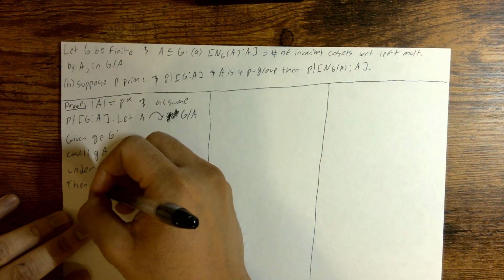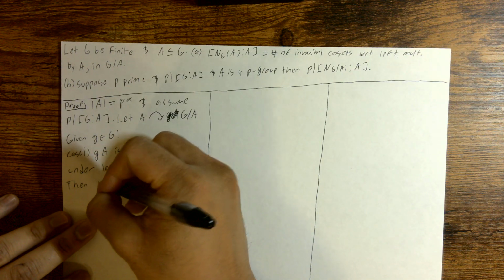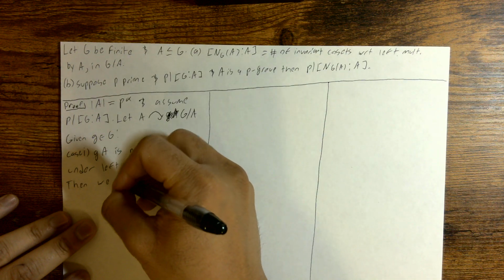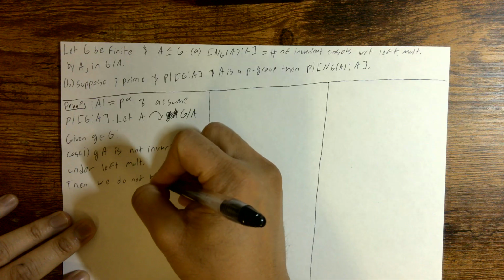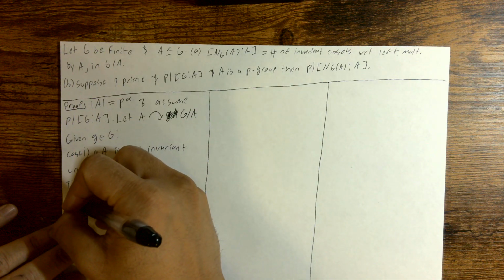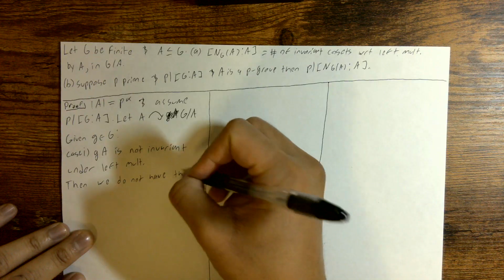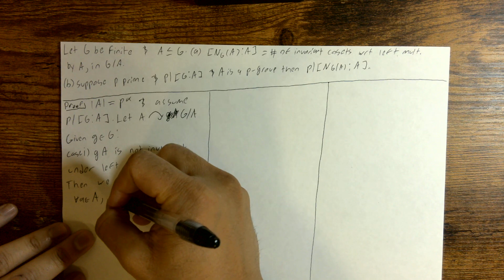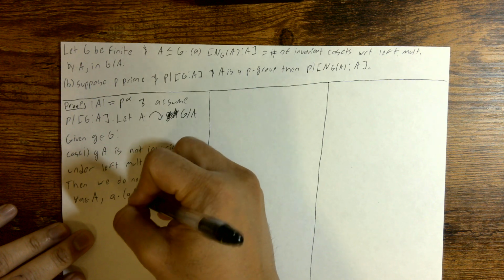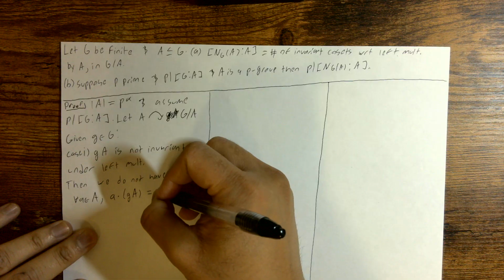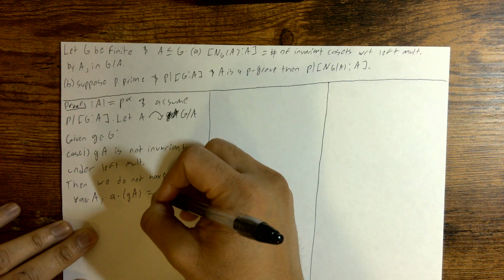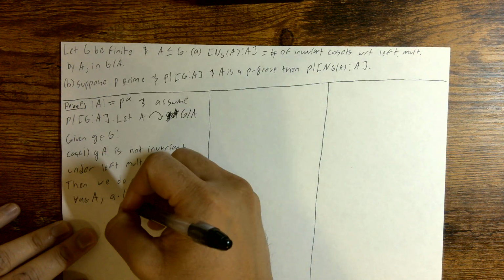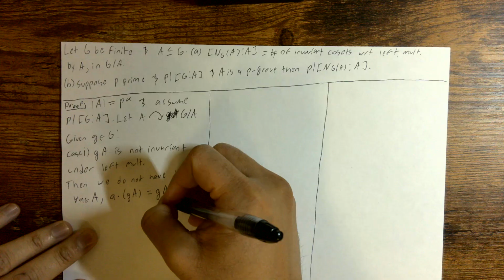Well, to be invariant, it means that for all a in A, a acting on gA is equal to gA. That is, it just takes gA to gA. In this case we do not have that.